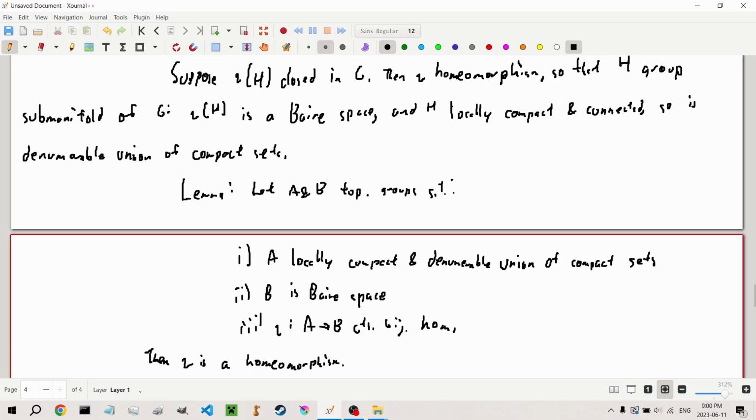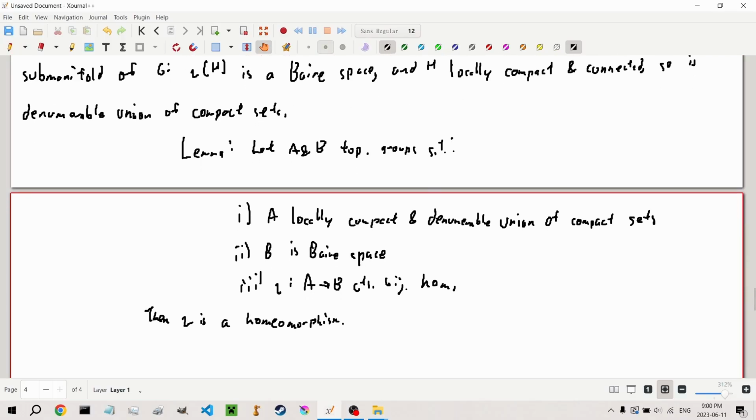This comes directly from a second lemma, which is automatic for the most part, which we're going to just write out explicitly. So we have a few setup conditions.